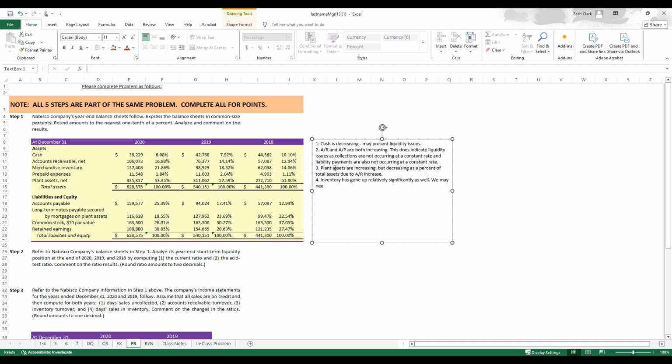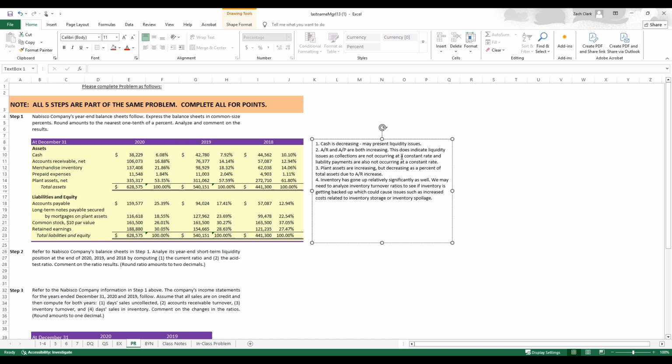We may need to analyze inventory turnover ratios to see if inventory is getting backed up, which could cause issues such as increased costs related to inventory storage or inventory spoilage.